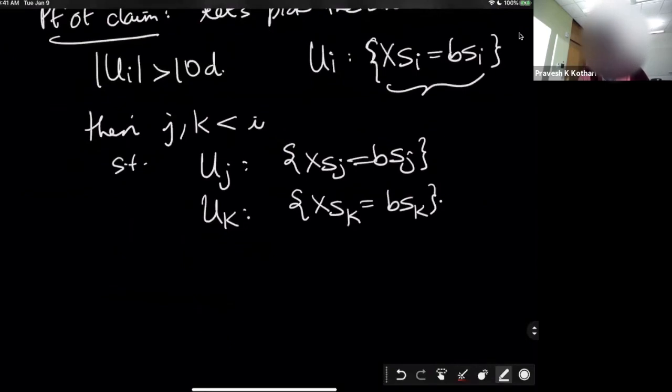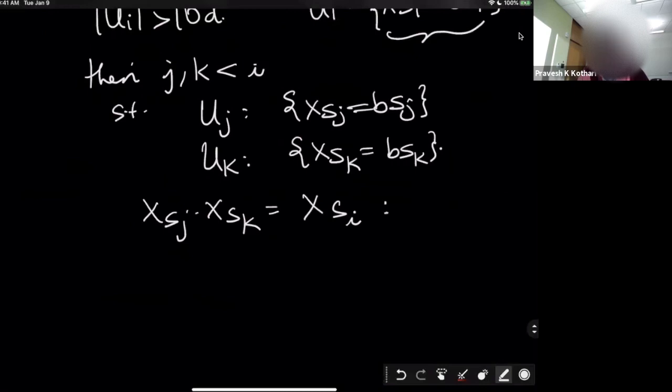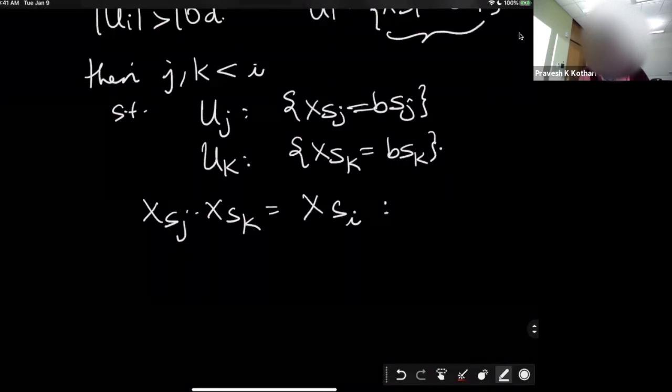I XORed out these two constraints, which must mean that x_sj times x_sk equals x_si. And in fact, the clauses that correspond to x_si are simply the XOR of uj and uk.